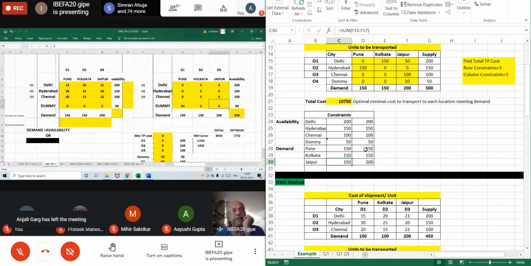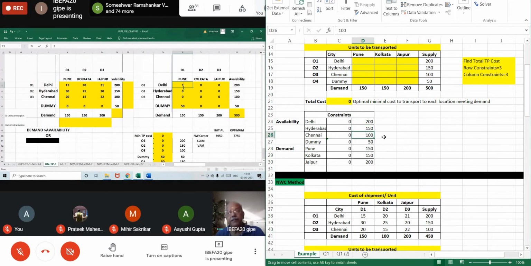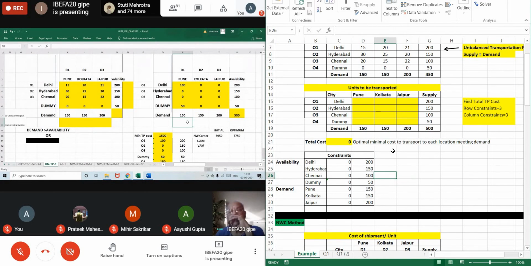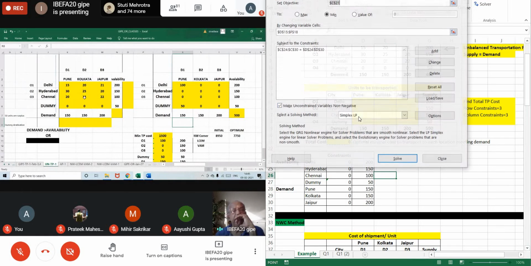Now the minimum is 15. Top cell Pune requires 100, so Pune got 150.